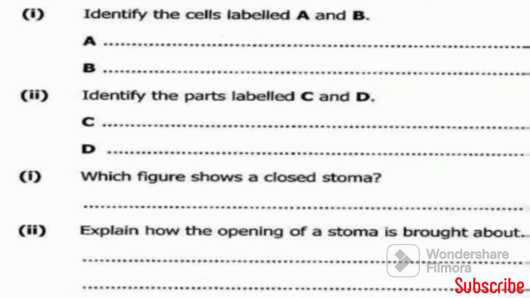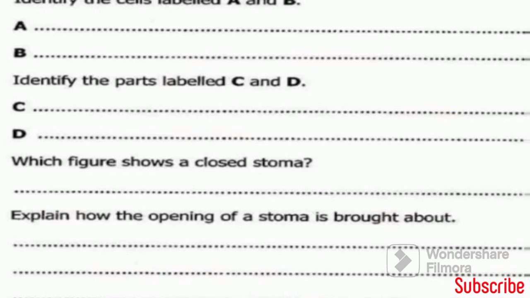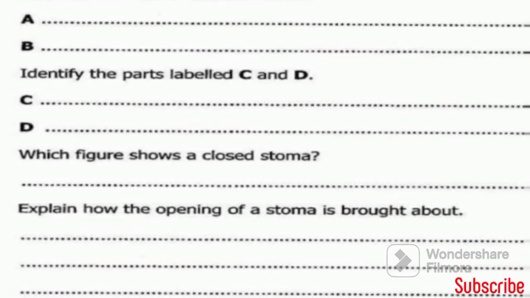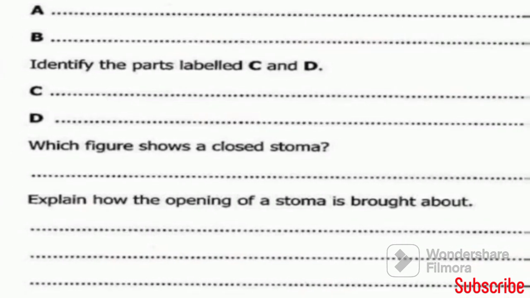The other question is saying, explain how the opening of a stoma is brought about. Changes in turgidity of the guard cells lead to opening and closing of stomata. Like I said earlier, during the day the guard cells gain water, hence making the stomatopore open.